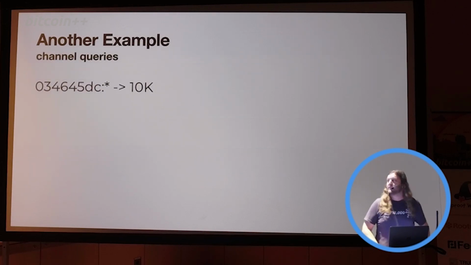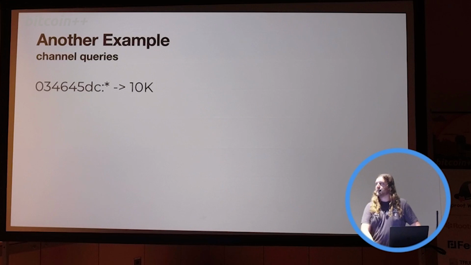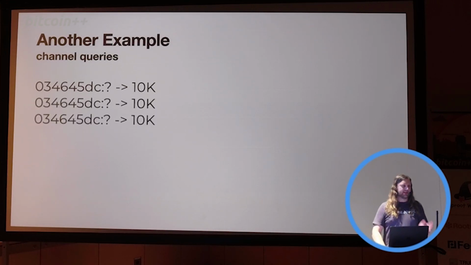Yes. The question is, does the asterisk mean all channels related to this peer? Absolutely, yeah. It'll pull 10K from each one.